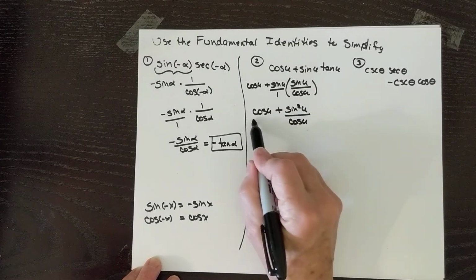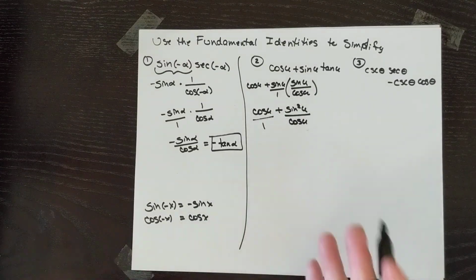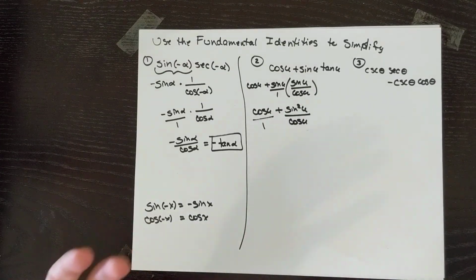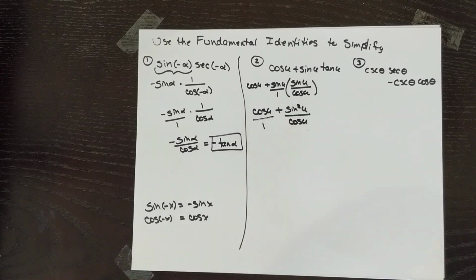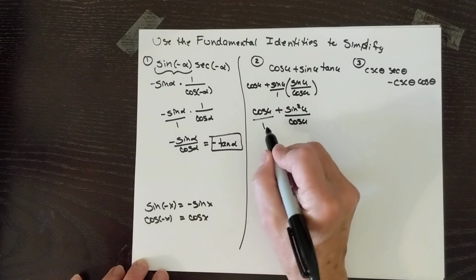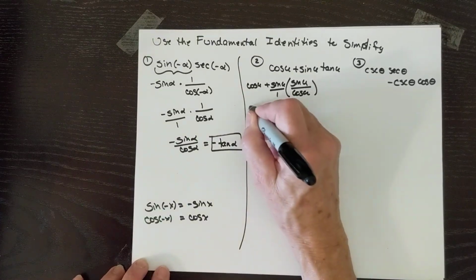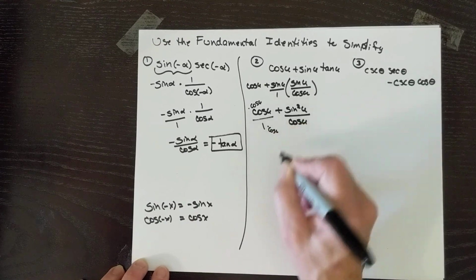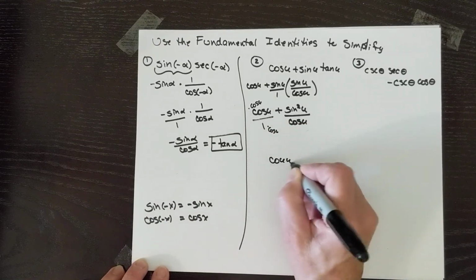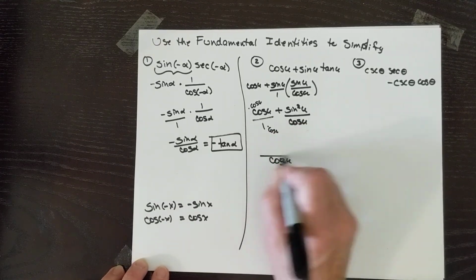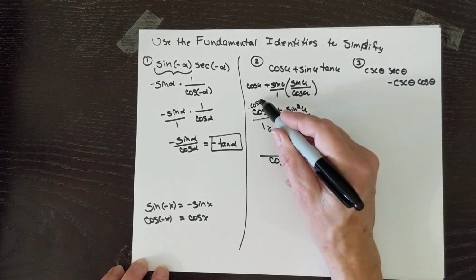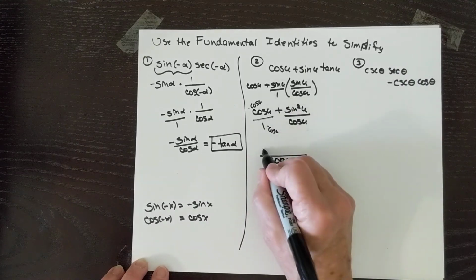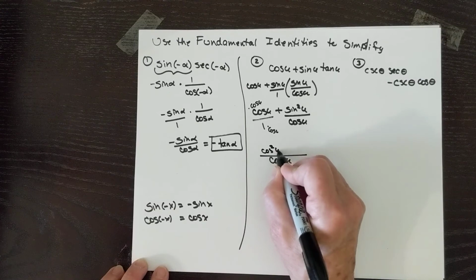We can add these two values together by finding a common denominator of the cosine of u. So we'll multiply the first term by the cosine of u over the cosine of u to get a common denominator. Cosine of u times the cosine of u is the cosine squared of u.